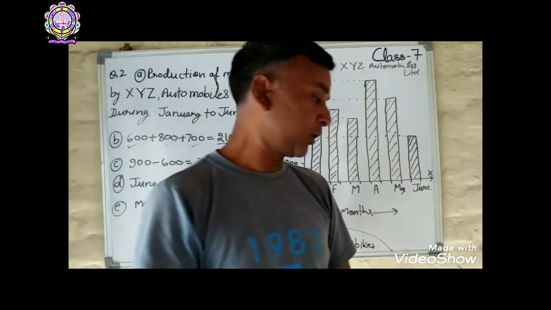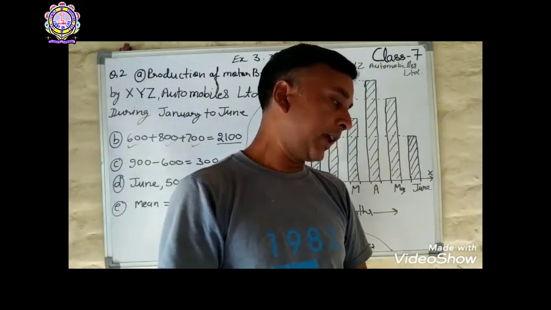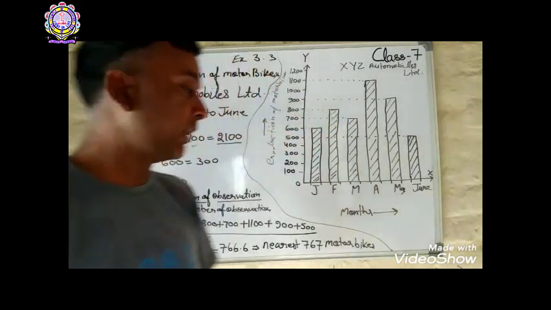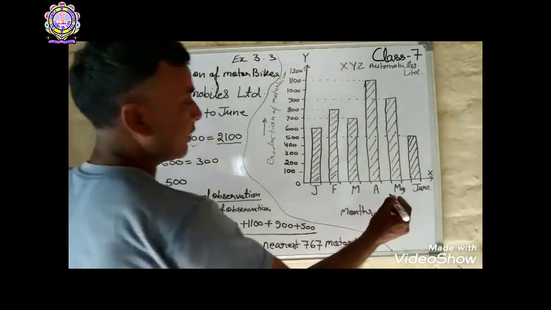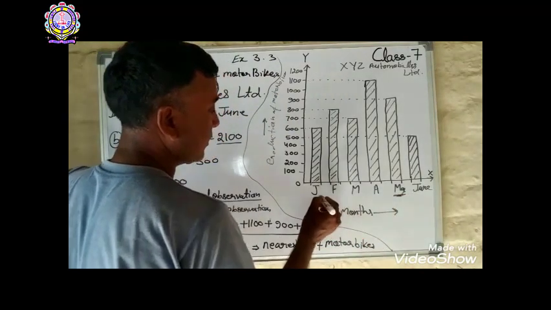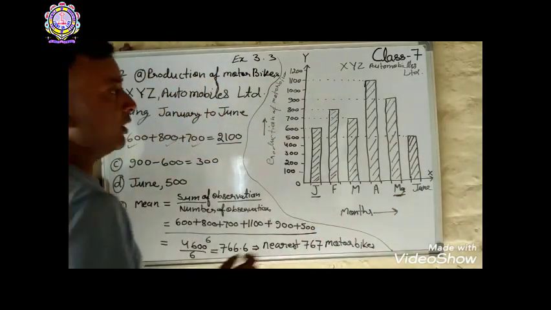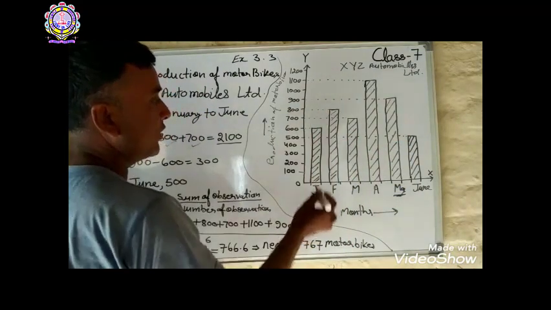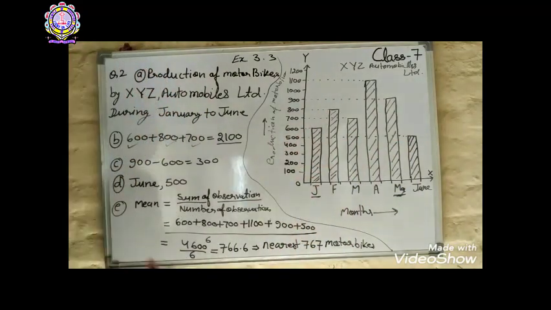Question C, C part of question 2. Calculate the increase in production in May over the production in January. This is May and this is January. What do you observe? In May, the number of motorbikes produced is 900. In January, 600. So what is the difference?